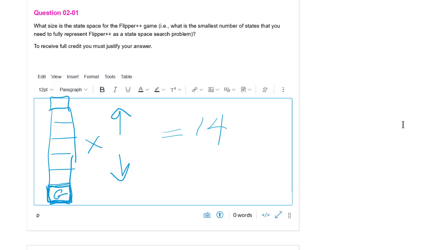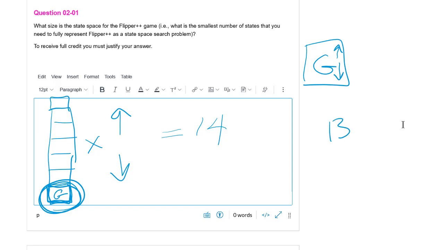Since starting in the goal state is a winning state, you could, in fact, think about answering this as 13, because if you represent the player in the goal state and the player is facing up or down, it doesn't really matter here, right? So you could say 13, but you could also say 14 here, fully justified.